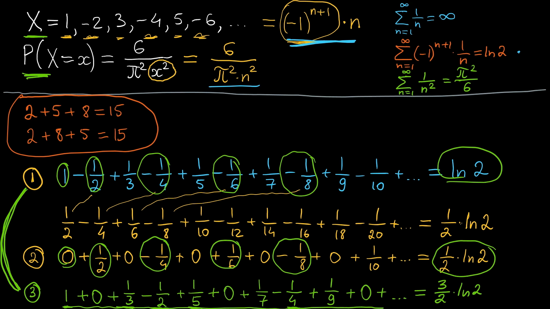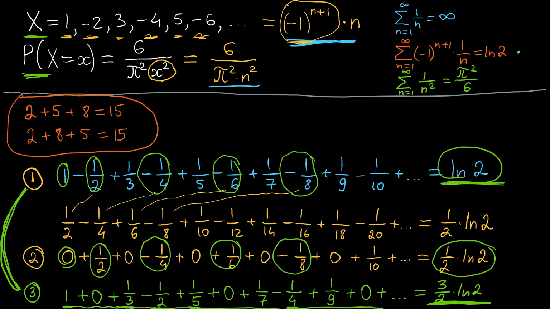In other words, 1 and 3 on the left side are exactly the same series. It's just that they've been rearranged. The terms are written in different orders. And look at this strange thing. On the right side, they actually are equal to different values.